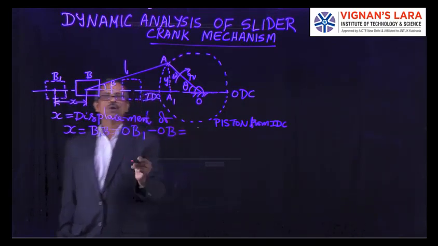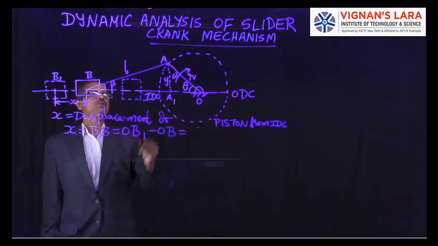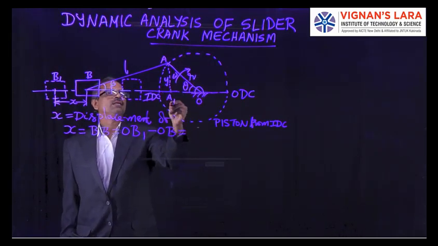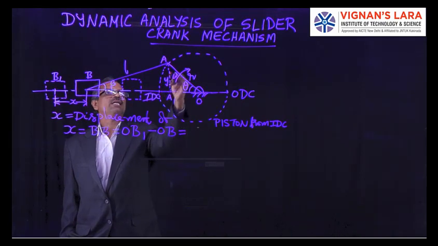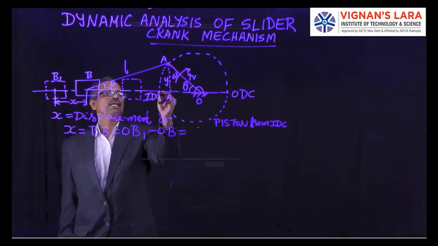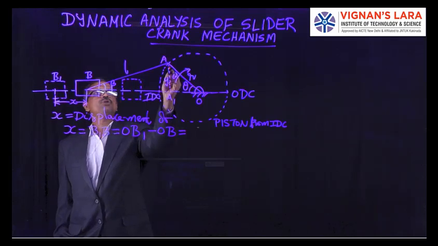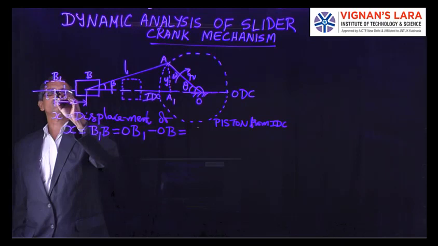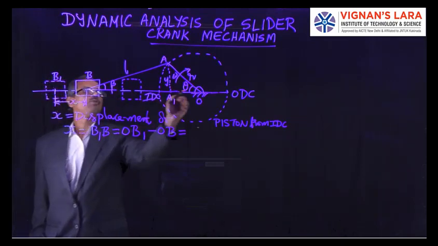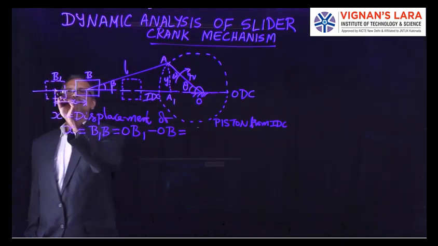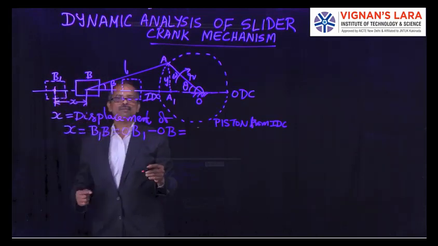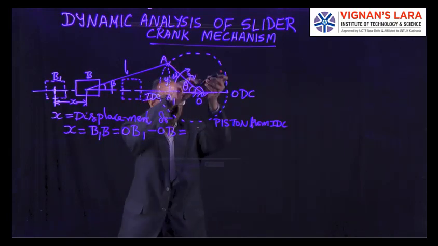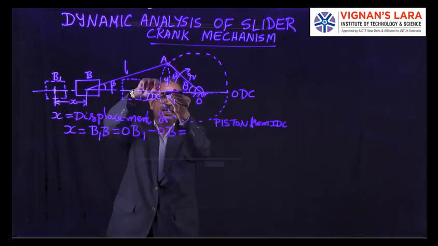So how can OB1 be written? Suppose the crank is at inner dead center. Then what is the position of the connecting rod? The connecting rod is horizontal up to here. Just imagine this is rotating and comes to inner dead center here.